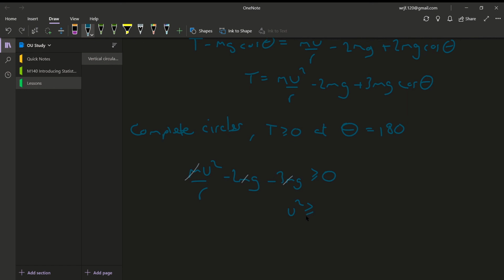So we've got 2g, a -2g and a -3g giving us a -5g. Take that over to the other side, gives us a 5g on the other side. Multiplying by r gives us u squared must be greater than or equal to 5gr. And so this gives us an initial condition which must be satisfied if we're going to have complete circles.